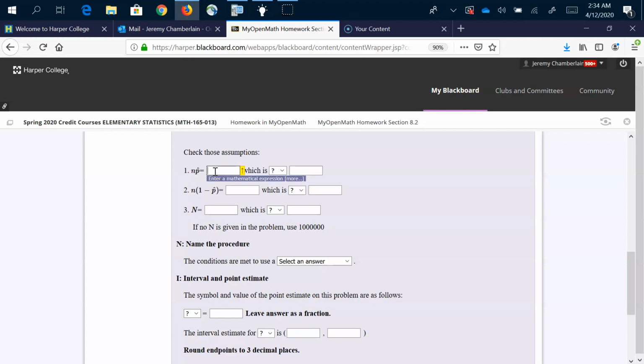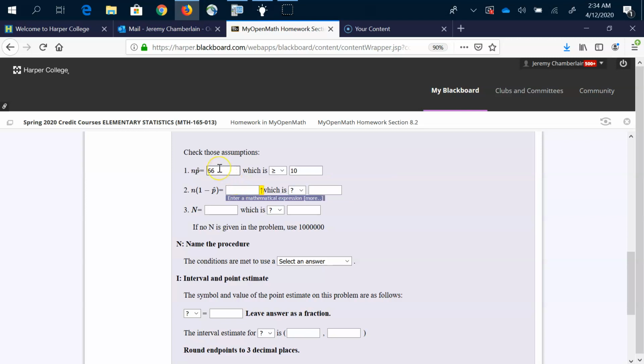And I'm going to have to switch this over. And that is definitely greater than or equal to 10. And n times 1 minus p hat, that's the sample size minus the number of successes.